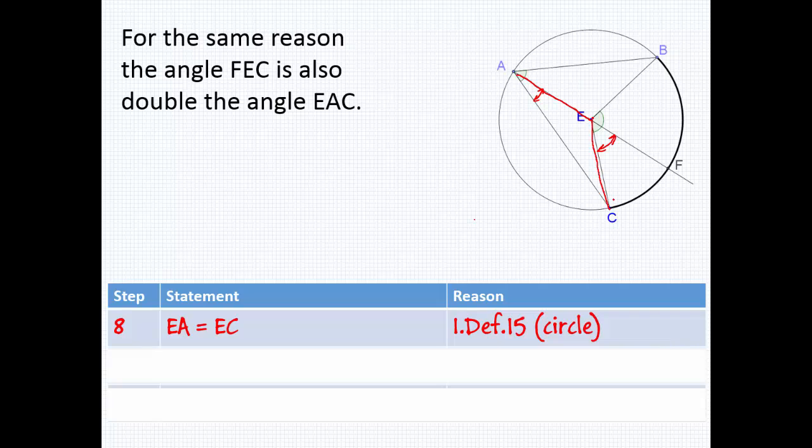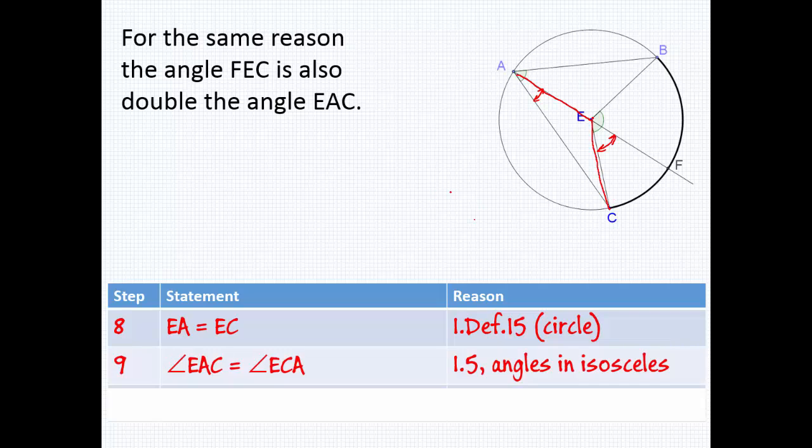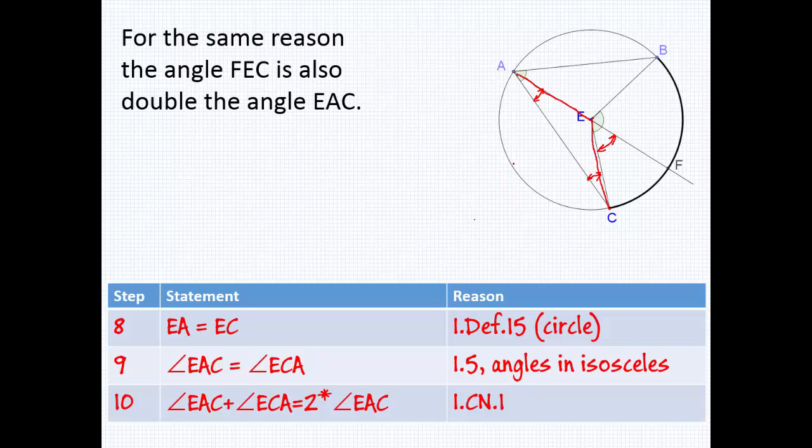E is at the center, A and C are on the circumference. Angle EAC is equal to ECA, so this angle here at A and this angle here at C are equal. And again, that's Book 1, Proposition 5, the angles in an isosceles triangle. And then finally, because the two angles in these corners are equal, the sum of those two angles is equal to twice one of them.